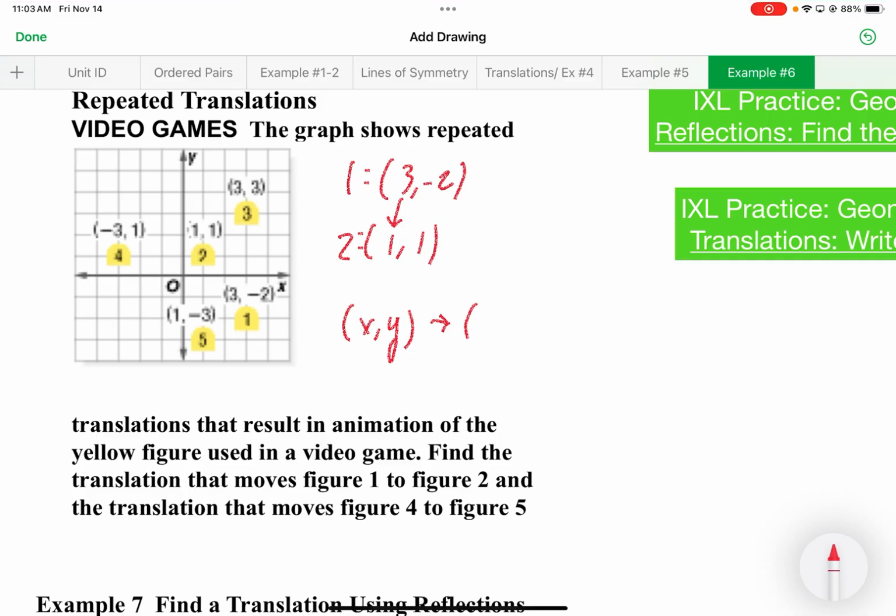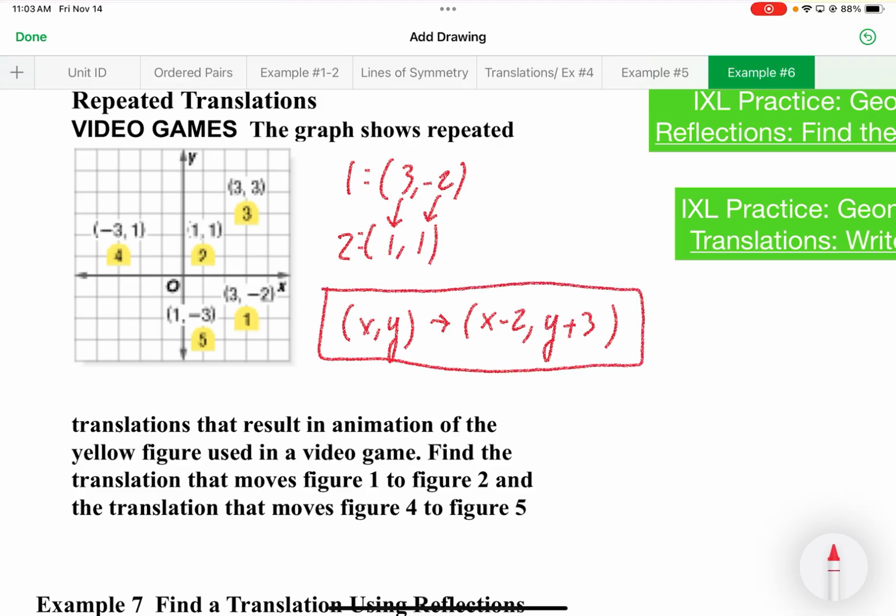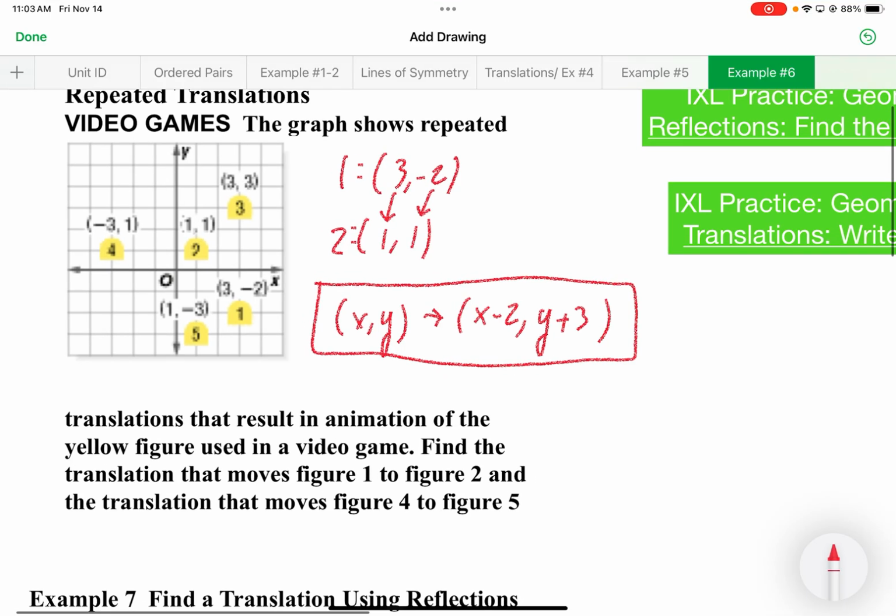How am I going to affect my x-coordinate? Good. So then I want you to write this as a rule. It would look like x minus 2. And then what about my y-coordinate? I went from -2 to +1. I need to add 3. So this is my rule to get from figure 1 to figure 2. That's what I want your answer to look like.